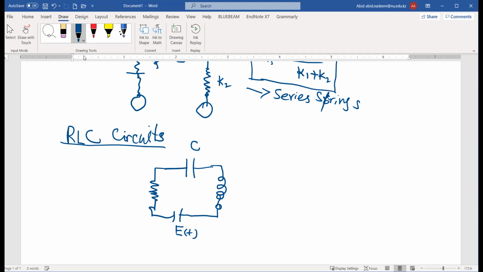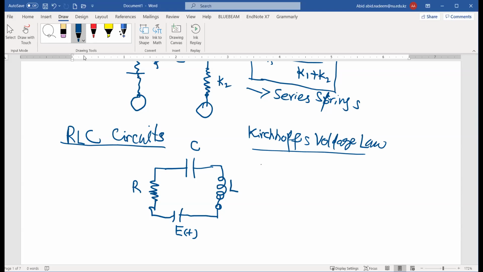This equation depends on Kirchhoff's voltage law, which says that the voltage drop across the resistor, capacitor, and inductor in a circuit is equal to the sum of the voltages across these components individually.